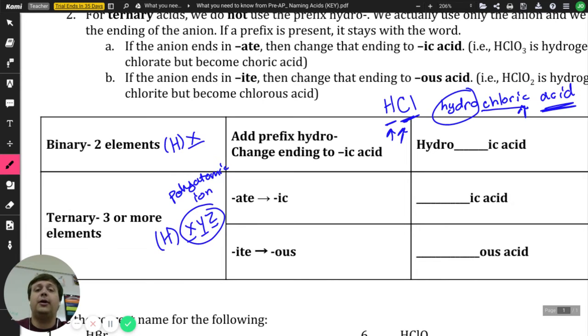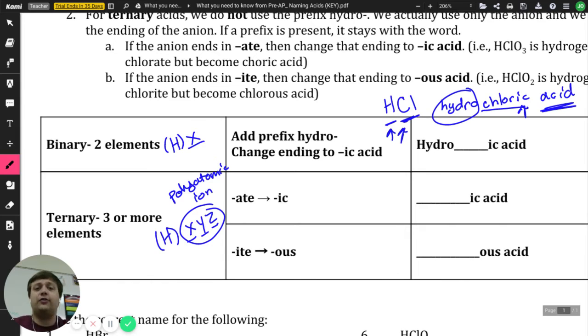Now, what are we talking about? Well, we're talking about the anion, okay? We do not use hydro at the beginning of any ternary acid. Why? Because that would get things very, very confusing very quickly, okay? For instance, chlorine there with that hydrochloric acid, there's some polyatomic ions that have chlorine in them.